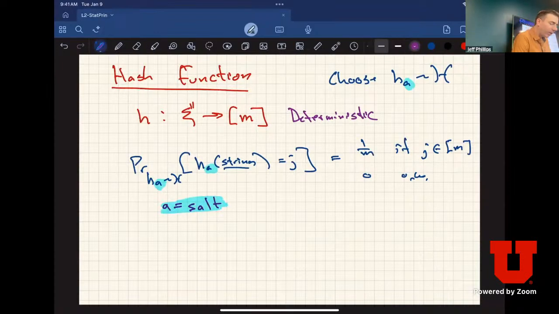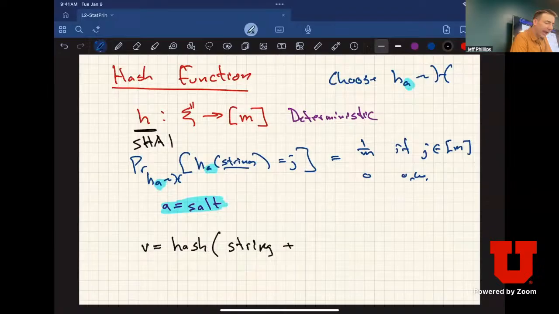And so how I'd actually implement it if I just have one fixed hash function, an example would be SHA-1, which is built in, or SHA-256, whichever built-in hash function you want, is deterministic. Well, then what I would do to get the output, I'm going to get some value v as the output of my hash. I'm going to pass in string concatenated with the salt.